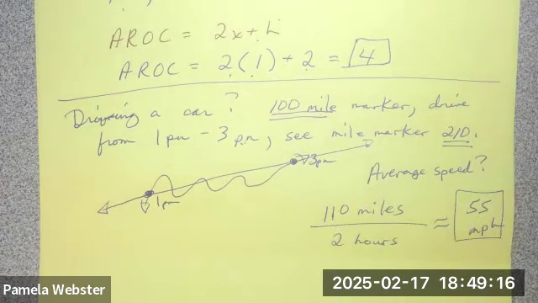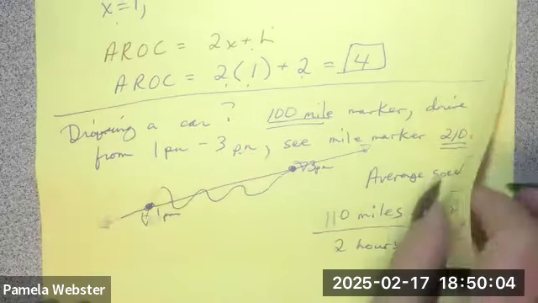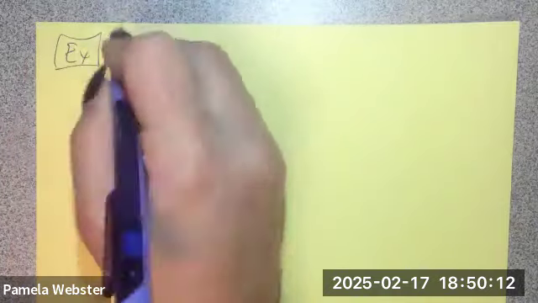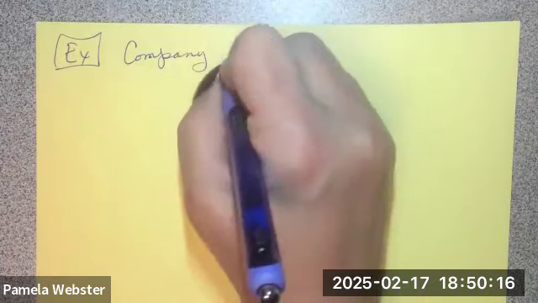Let me hang on just a second. Let me find another example. Okay, so let's say this is straight out of your book. There's an example that says you work for a company that makes planters.